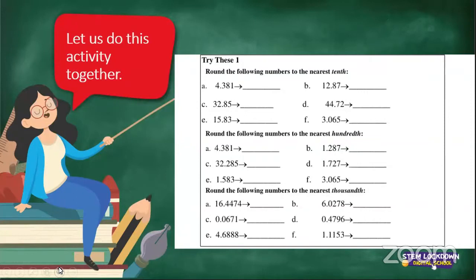And C was 32.29. And D, 1.72. E, 1.58. Yes. F is 3.07.